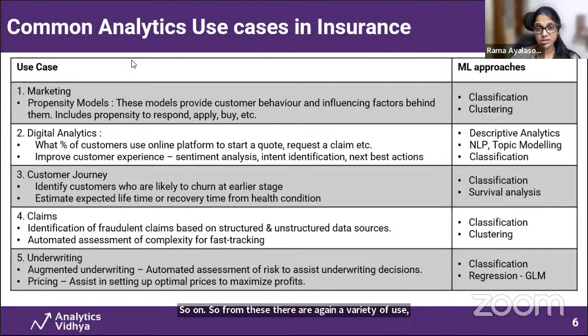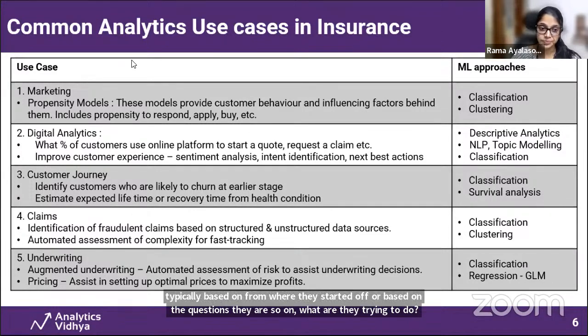One is to understand the sentiment of the customer or potential customer, like why are they even there, what are they trying to do, are they happy with the experience. And also intent identification. Intent identification is typically based on where they started off, or the questions they asked: what type of insurance are they trying to buy, or is there a claim, and so on.